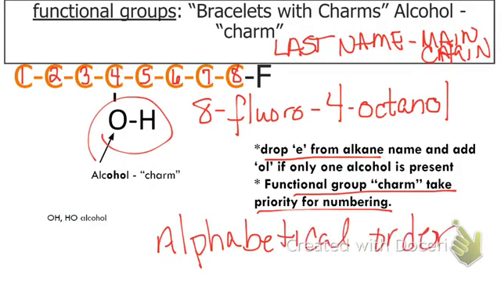But since the alcohol is part of the last name, the only one we have to worry about is fluoro. So 8-fluoro. Alcohol is on carbon 4. It is an 8-carbon chain, which is oct. It is a single bond, which is octane. We drop the E from the alkane name, and we replace that with OL because we have one alcohol present.